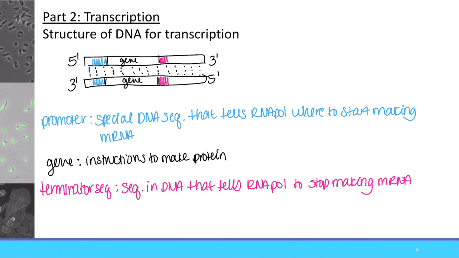All right, so we talked about the 3 steps: initiation, elongation, and termination. Now let's go ahead and draw the process out. We're going to start on the left here, and we're going to draw our DNA.